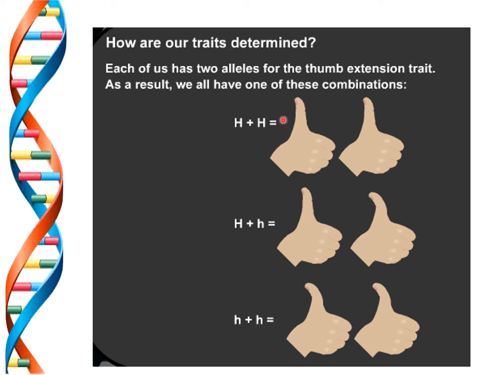If we contain two dominant alleles together, you can guarantee that the trait that you see will be the dominant trait. If we have one of each, a dominant and a recessive, so a capital letter and a lowercase letter, you generally will express the dominant trait. If you contain two lowercase letters, the recessive alleles, you will express the recessive trait.